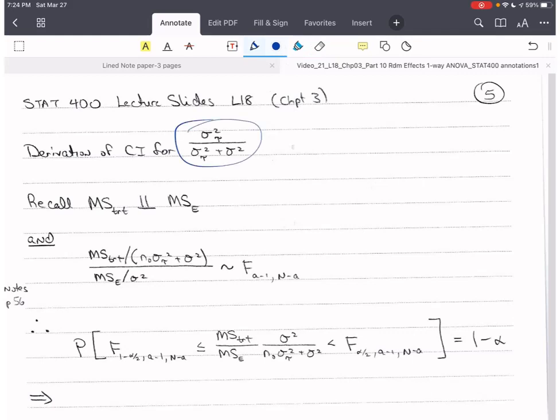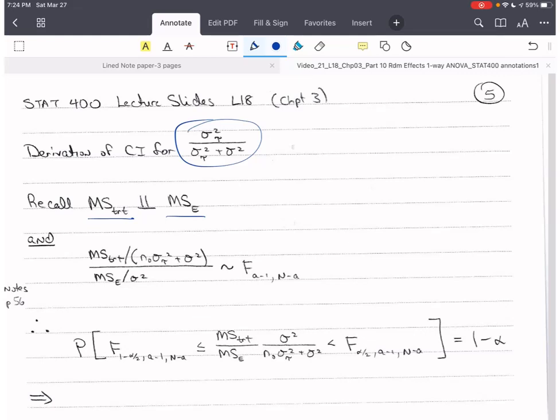First off, remember that the MSTRT, the mean square treatments, is independent of the MSE. And that is why we can use the F statistic for the test. It's because a ratio of independent chi-square random variables gives us an F statistic. That's something that we should know.